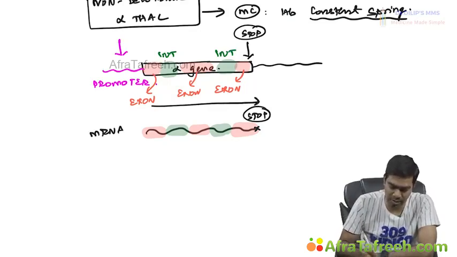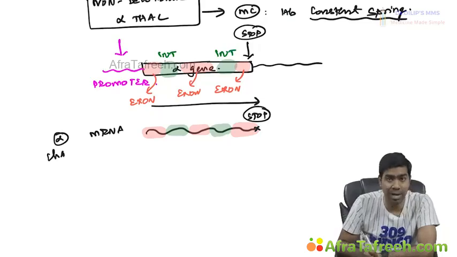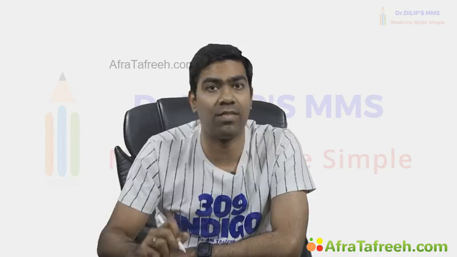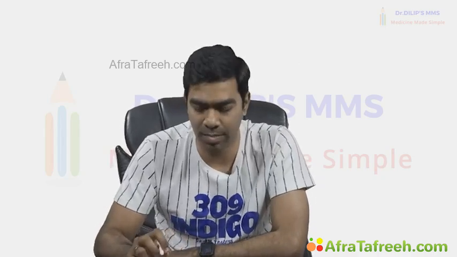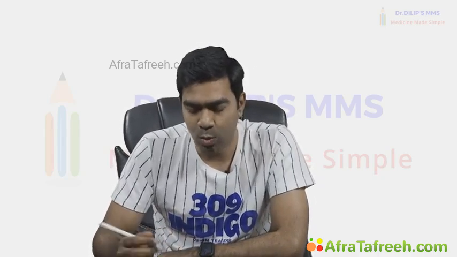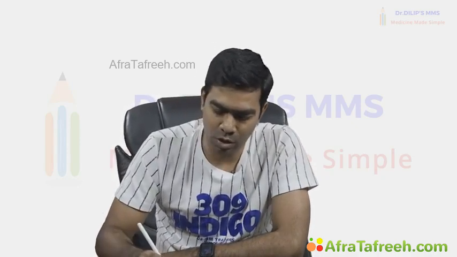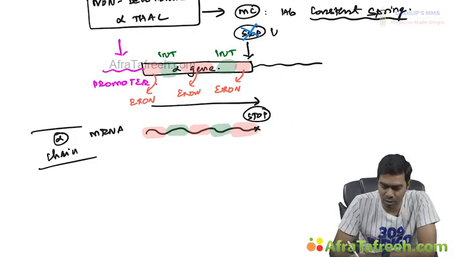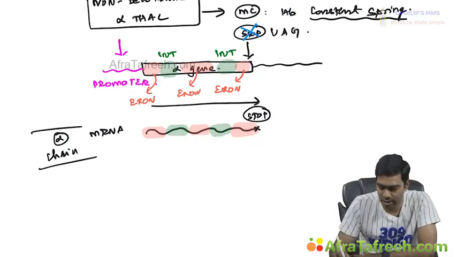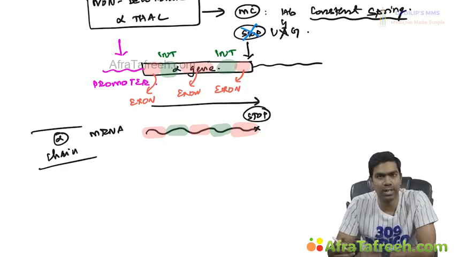For example, this is the alpha chain mRNA; I am drawing only a hypothetical one, not the exact alpha chain. What if your stop codon, because of a point mutation, for example UAG, which is an example of a stop codon, changes to UGG?